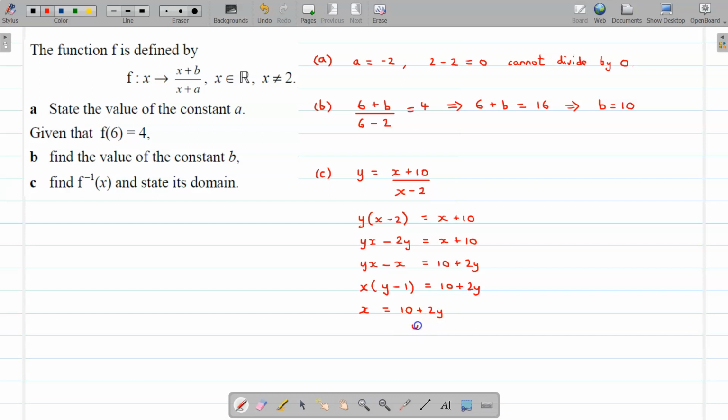And that's essentially the answer, except that I redefine it in terms of x instead of y.